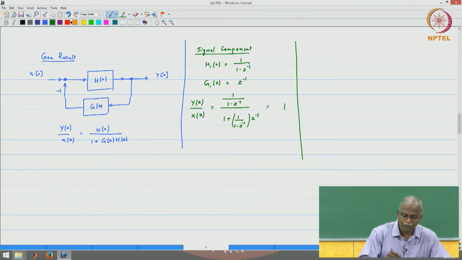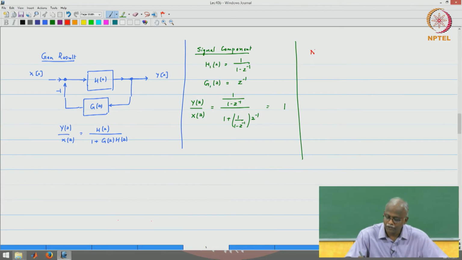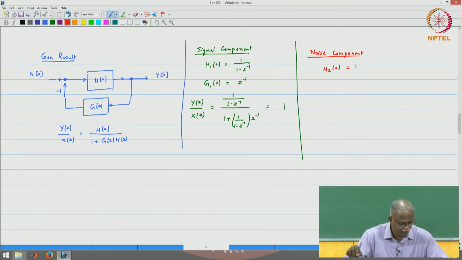Now, move over to the noise component. Apply the same technique, obtain the forward transfer function H2(z). In this case, notice that there is no other gain term, the forward transfer function is 1. G(z), the feedback portion, should be back to the point where the input signal entered the diagram.